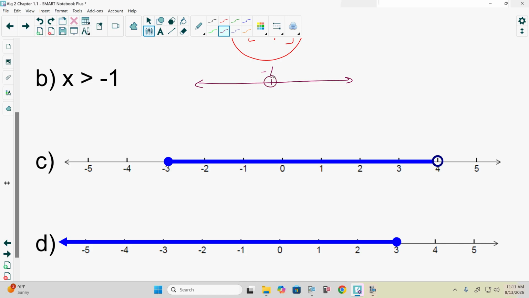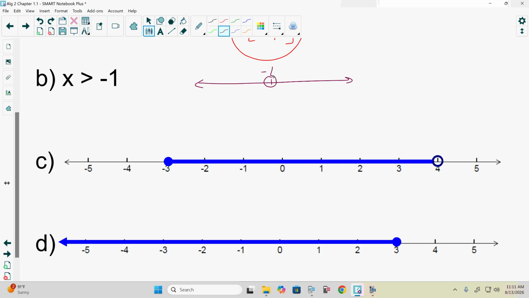We can put a circle at -1. Our statement is x is greater than -1. Is -1 included? Do we shade it in? There is no equal to sign, no line underneath that symbol, so that means it stays open.